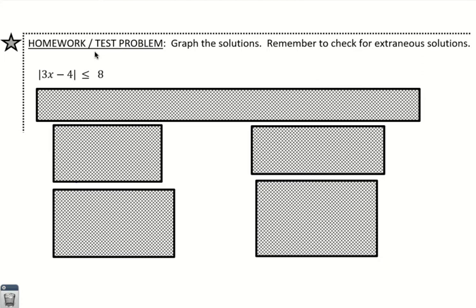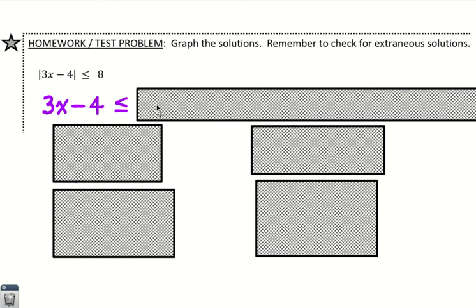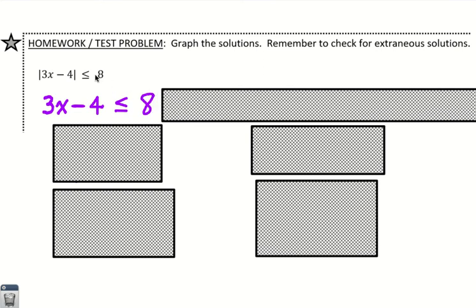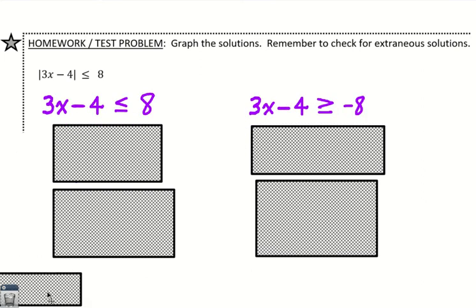So we can do the whole two cases thing, where in the first case, the 3x minus 4 would be less than or equal to positive 8, just like as is pretty much. But in the other case, it's going to be greater than or equal to negative 8. You flip the symbol and make the 8 negative.